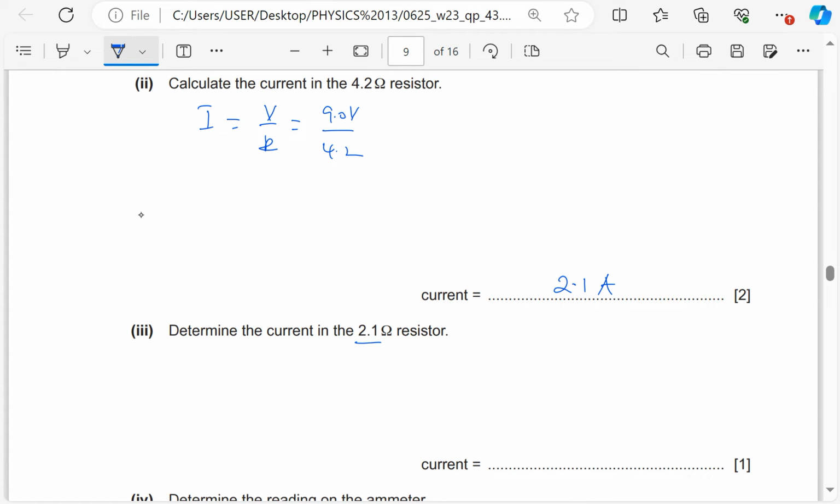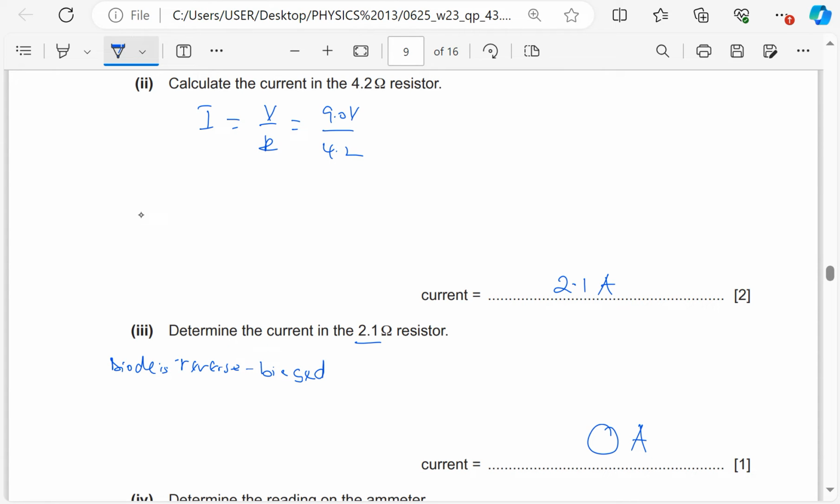Then determine the current in the 2.0 ohm resistor. Of course, this is going to be 0. Why? It is reverse. The diode is reverse biased.